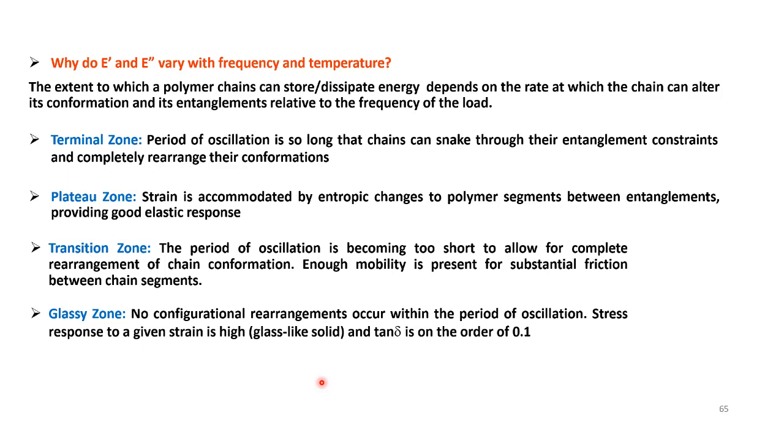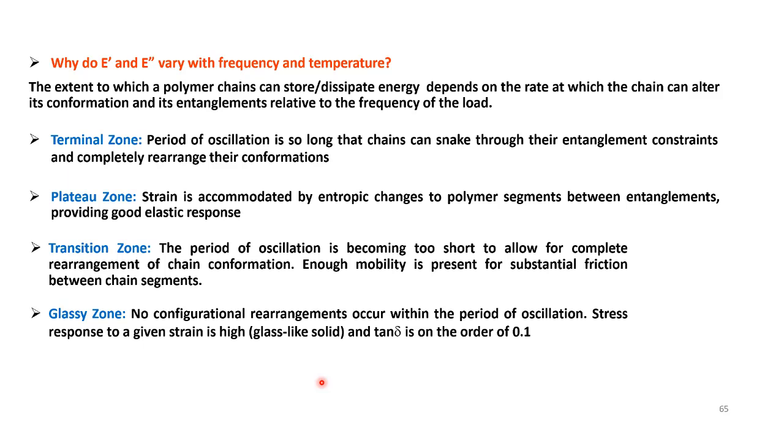So why does this vary? The elastic modulus and loss modulus vary with frequency and temperature. The extent to which a polymer chain can store or dissipate energy depends on the rate at which the chain can change its conformation and entanglement relative to the frequency of the load. So first is the terminal zone.